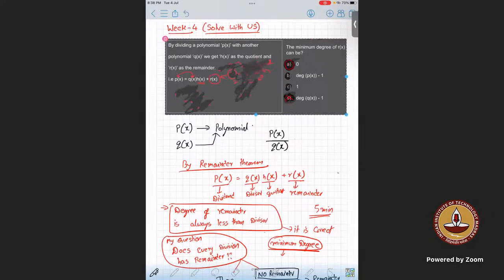It can be 0, not always the minimum degree is degree of q of x minus 1.